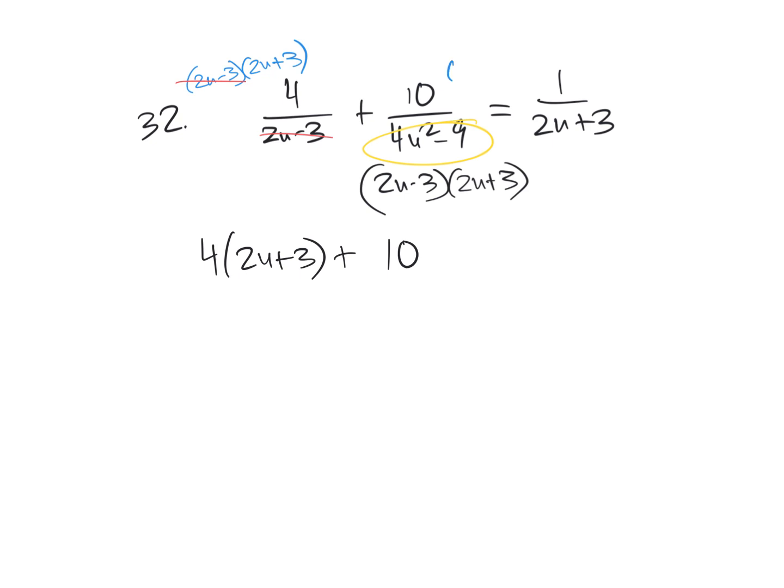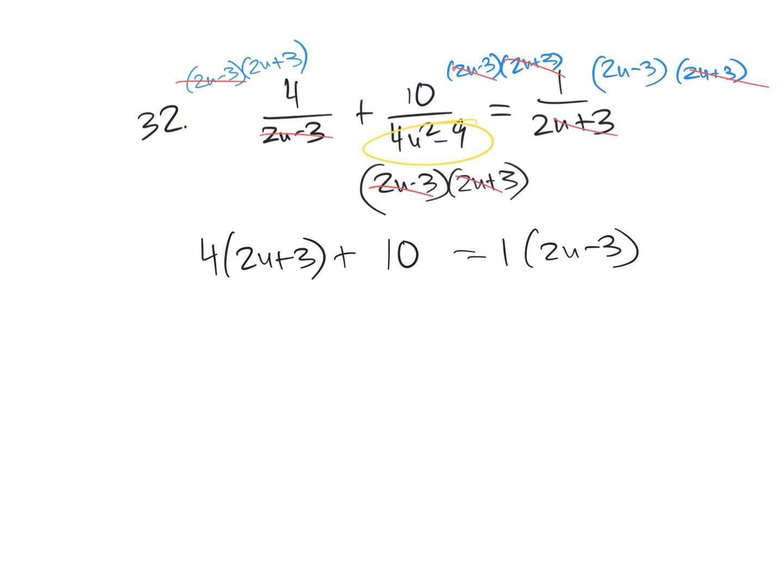So again, just to show you, and then we'll go faster after this. Those reduce with what your denominator is, leaving just the 10. And you do it with the other side of the equal sign, 2u minus 3, 2u plus 3. And the 2u plus 3's reduce out, leaving 1 times the 2u minus 3.